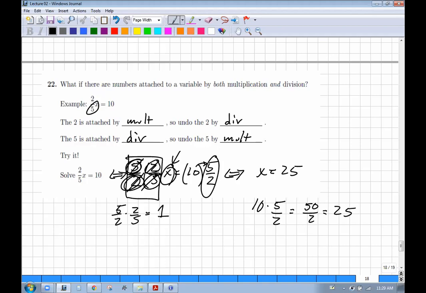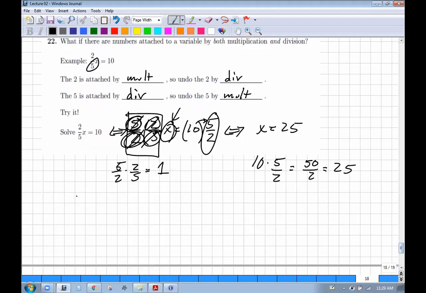Does it make sense? This is where I'm going to struggle. I'm confused now. It's just a lot of arithmetic here. So let's work through it one more time. We got 2 fifths x equals 10, right? So we want the x by itself. How do we get this off of its back?